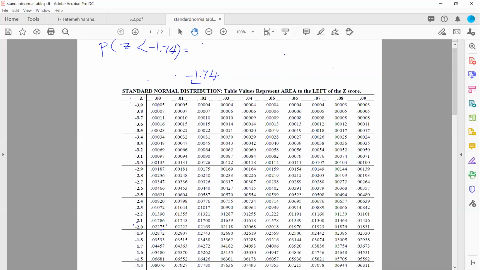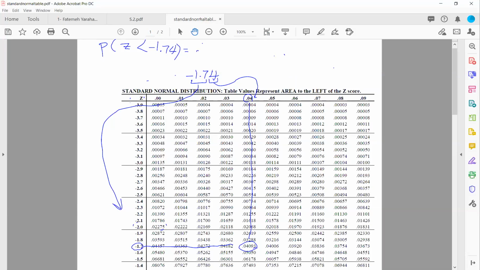The first 2 digits, negative 1.7 on the first column and 4 on the first row. Negative 1.7 is here, 4 is here. The intersection between these two gives us the probability or area. 0.04093. This is for the first z value.